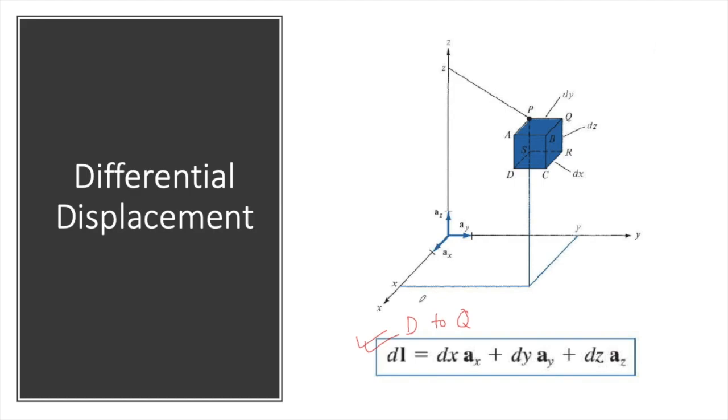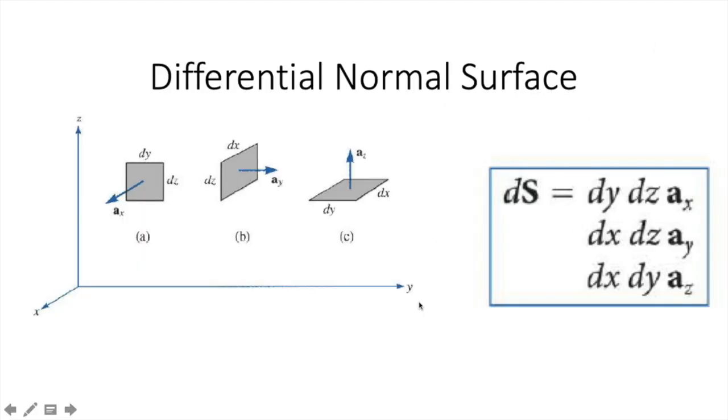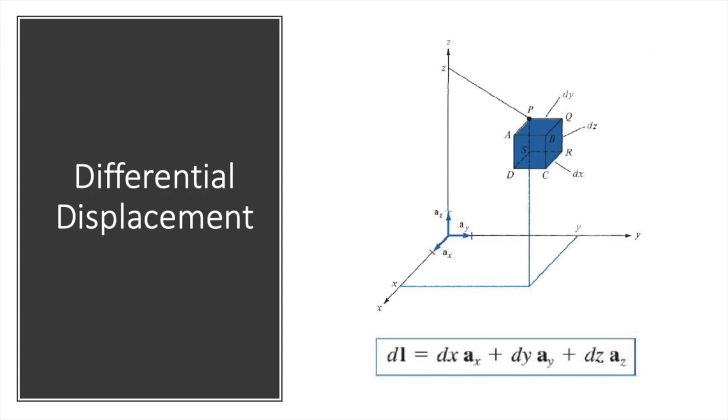Now we will move ahead and understand what the differential normal surface is. In the cube that we have drawn here, there are various surfaces like A, B, C, D, P, Q, R, S, and also Q, R, B, C, and P, A, D, C, T, S. So all the 6 surfaces of the cube.